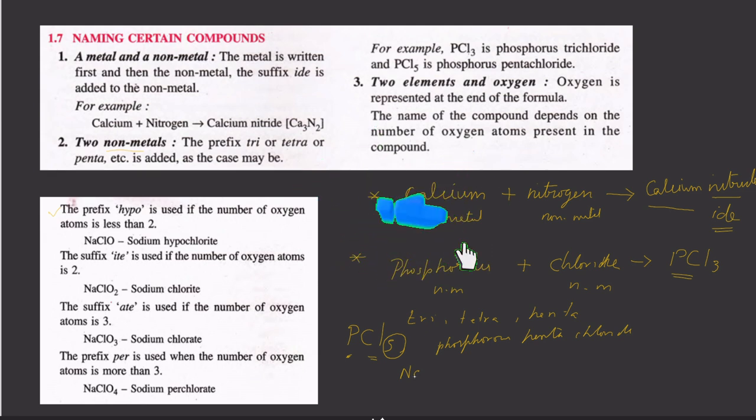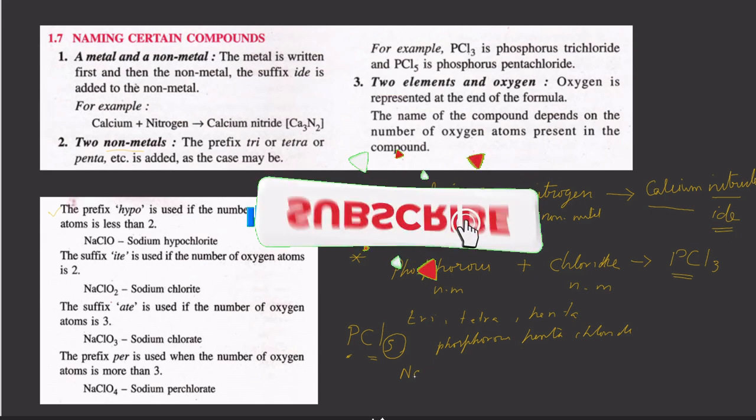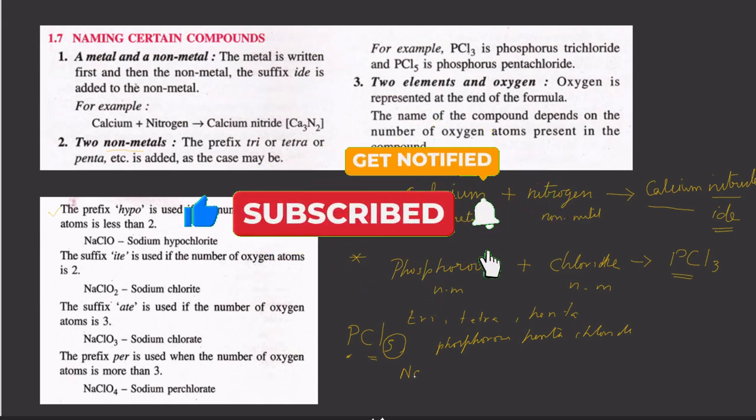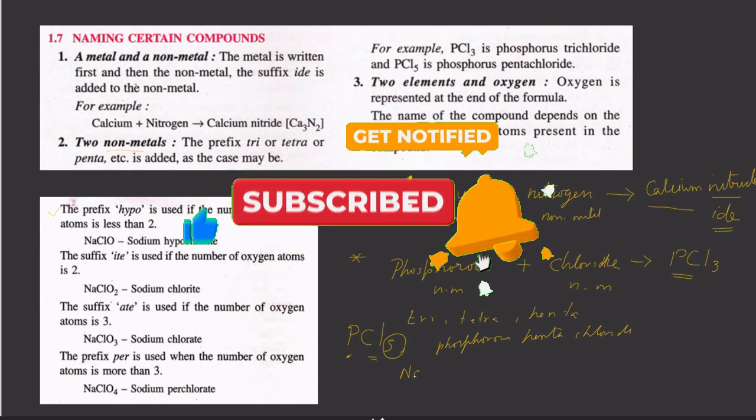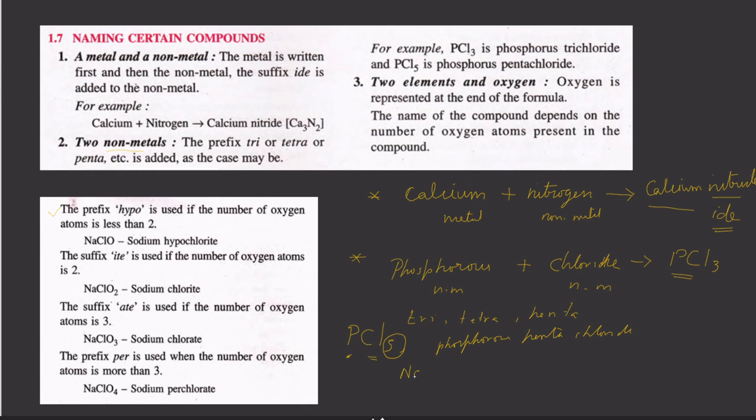Now another example, NaClO2. Here the number of oxygen atoms is equal to 2. If the number of oxygen atoms is equal to 2, we use the suffix ATE, and the name of this compound is sodium chlorate.